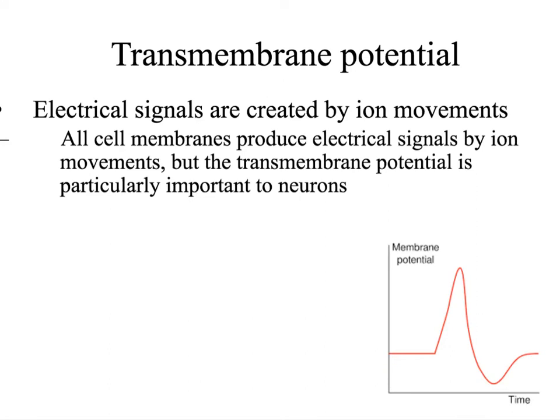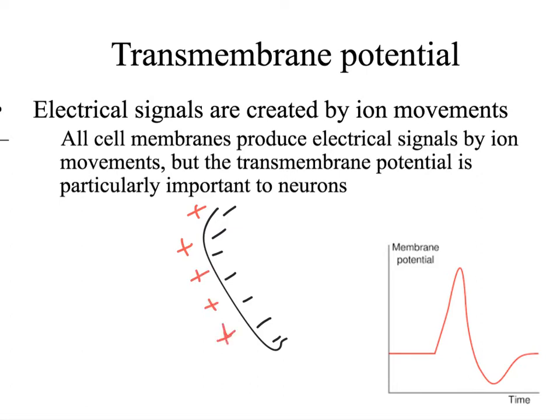So now let's take a look at how the information is going to be transmitted down neurons. It's transmitted by electric current, and if you recall back in earlier chapters about the cell, I mentioned the fact that the inside of the cell is going to have an overall negative alignment of charges next to the cell membrane, whereas the outside of the cell will have an overall positive alignment of charges.